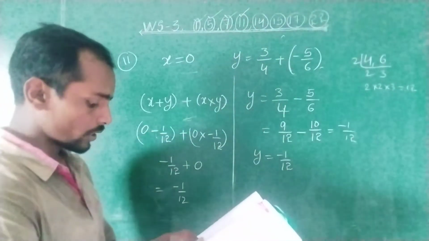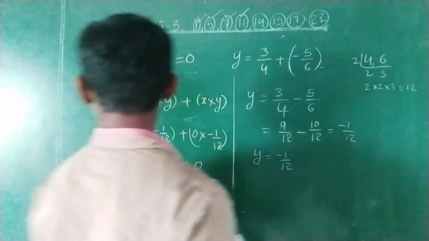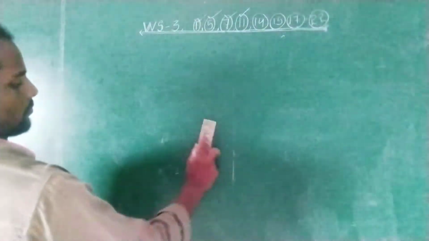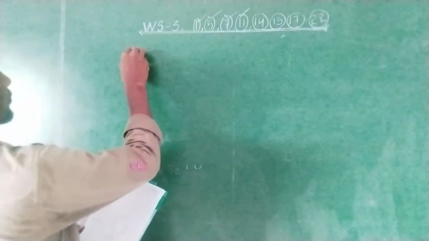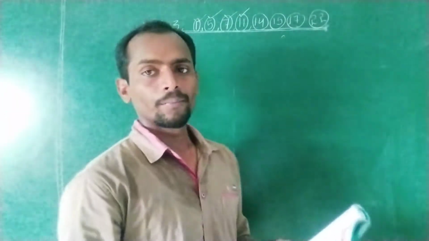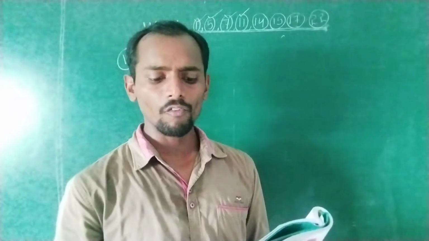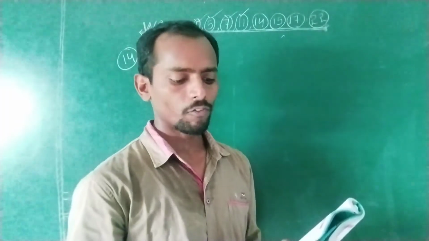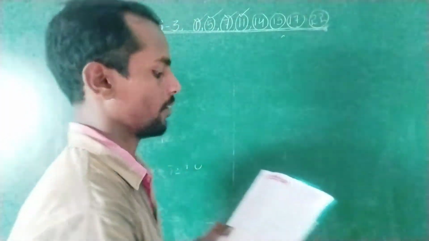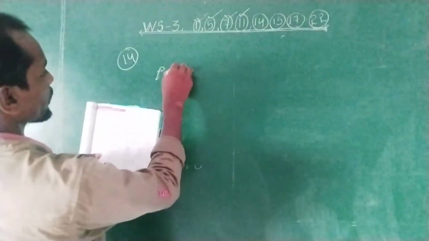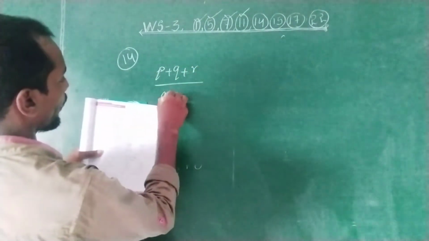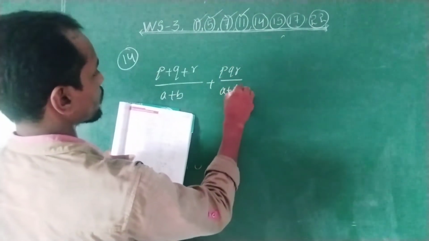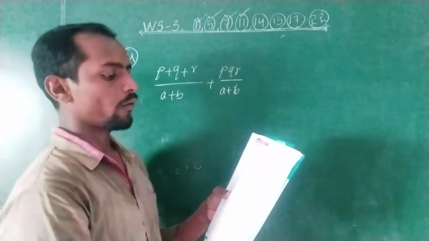11 completed. Question number 14. If A and B are factors of 7, P, Q, R are the first three multiples of 2, then P plus Q plus R by A plus B plus PQR by A plus B. You have to find out this value.